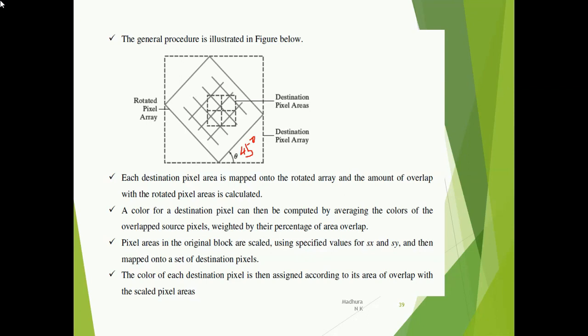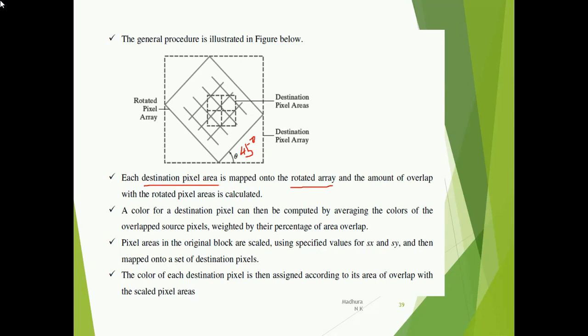See here, in this particular procedure, each destination pixel is being mapped to the rotated array, and the amount of overlap with the rotated pixel is being calculated. So you have an original position, and now you start to rotate the rectangular section.